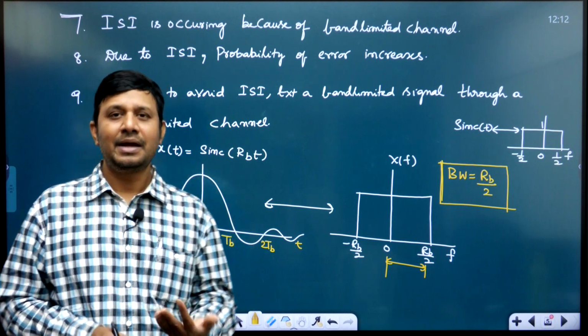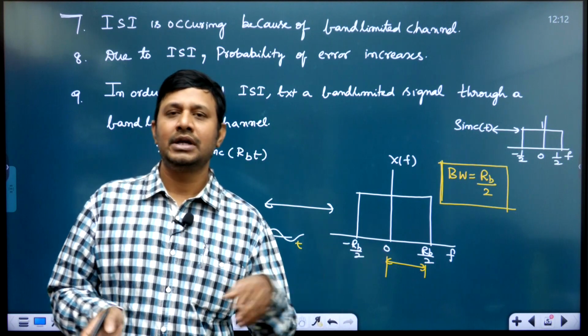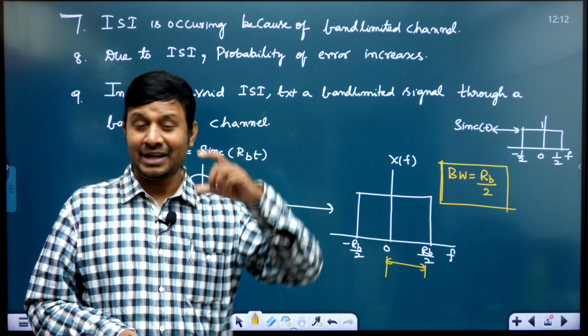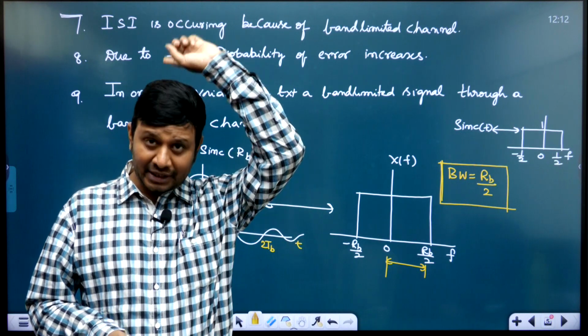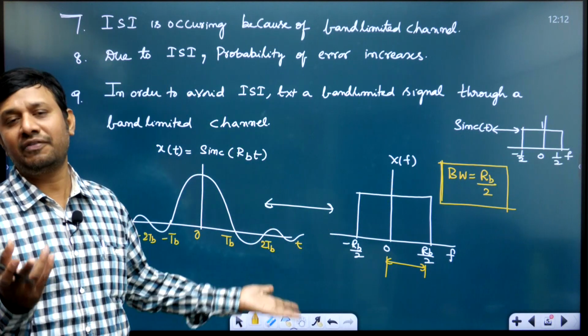Maximum bandwidth comes with the rectangular pulse and minimum bandwidth comes with the sinc pulse. So maximum bandwidth is RB, rectangular pulse. Minimum bandwidth is RB by 2, sinc pulse instead of rectangular pulse.